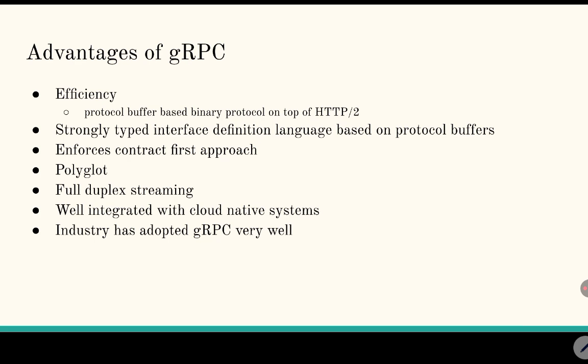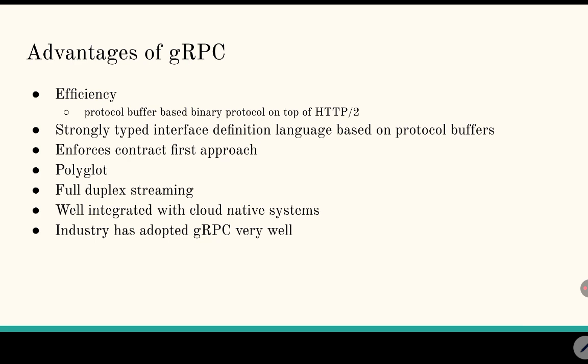So nowadays you find gRPC capability with all the modern programming languages, and I recently found that they have added support for Rust programming language as well, and it has full duplex streaming, which means you can do data receiving while sending.